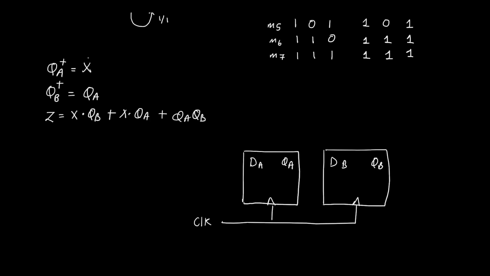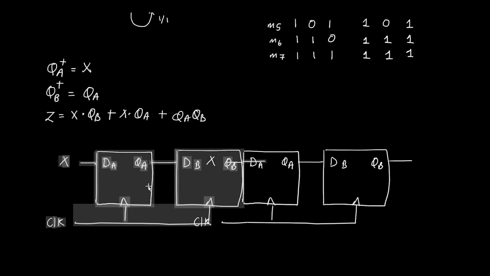Since we know that for a D flip-flop, the next state is what is occurring at the input, we will directly apply X as input to flip-flop A, and the input of flip-flop B would be the output of flip-flop A. And to design the output logic, I will make it separately.